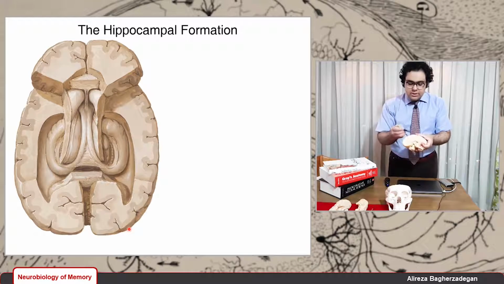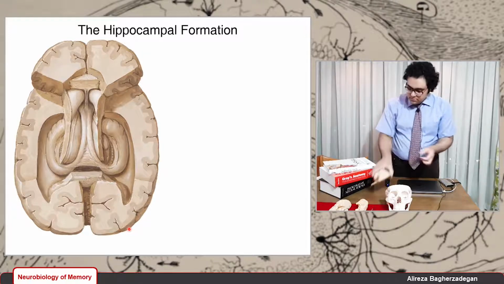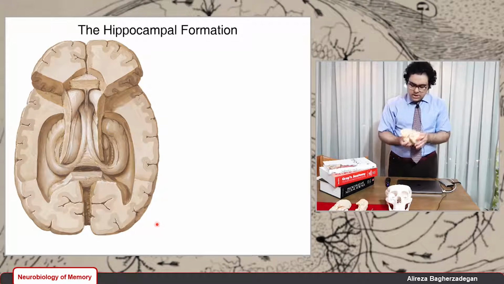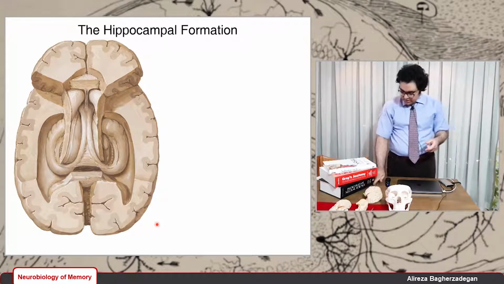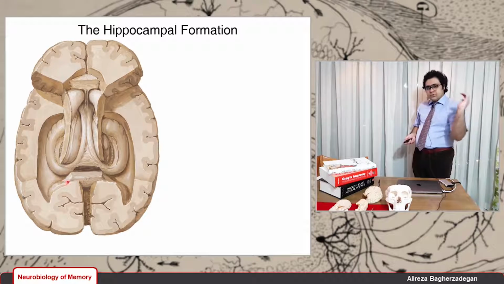This is the genu. This is the body of the corpus callosum. This is the splenium, the posterior bend. Can you see that? Anyway, so this is the genu of the corpus callosum, and this part is the posterior bend or the splenium of the corpus callosum.